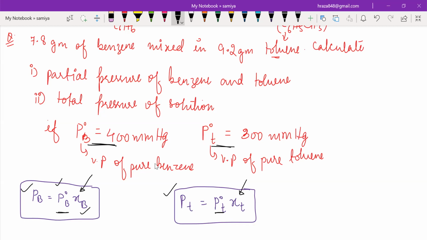Can you calculate the mole fraction? Yes or no?